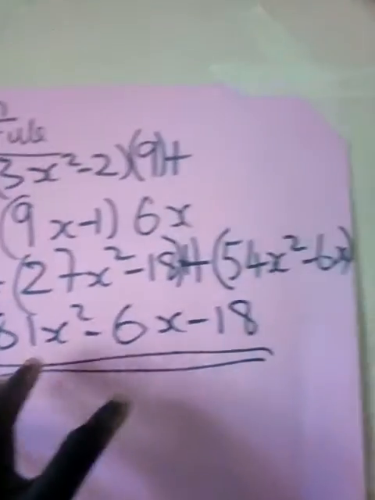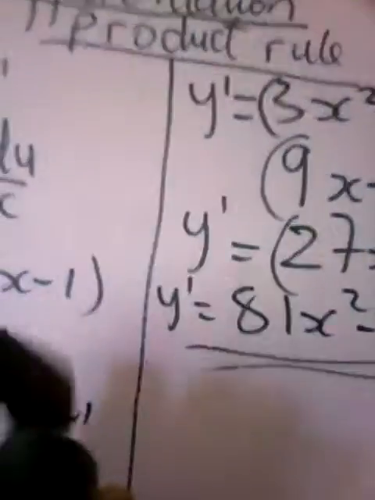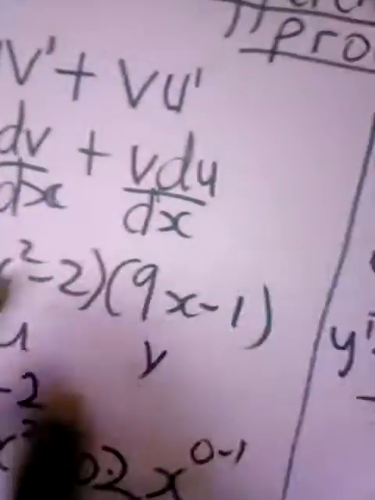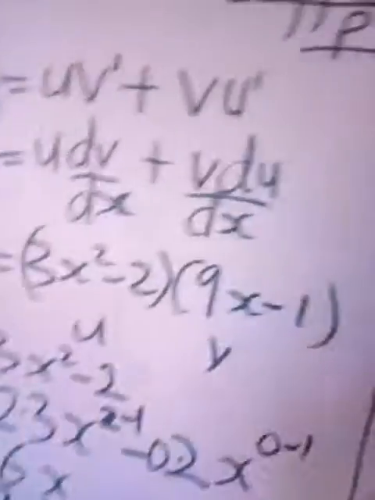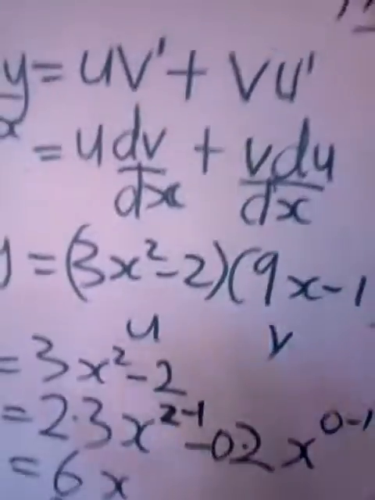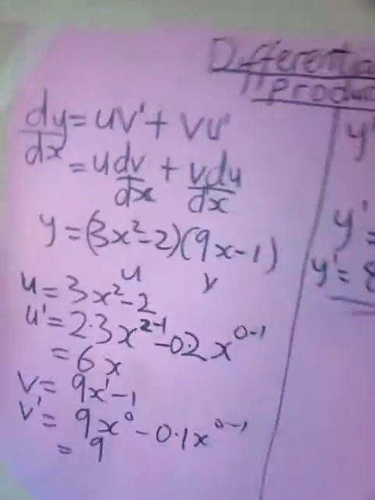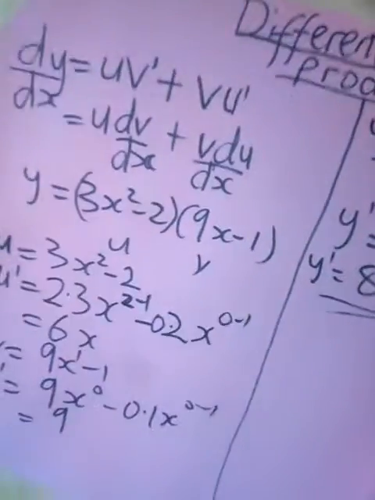And then if you want to confirm this, you can simply open the brackets and differentiate each of them separately, because there will be either a minus sign or a positive sign between each of them. You still end up with this. So that's one thing about the product rule for differentiation.